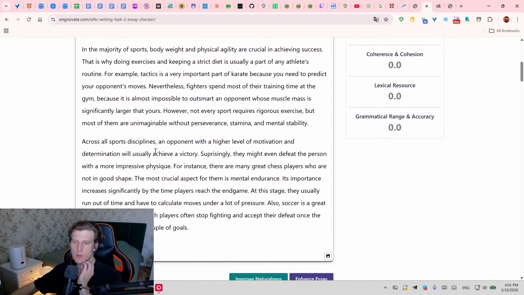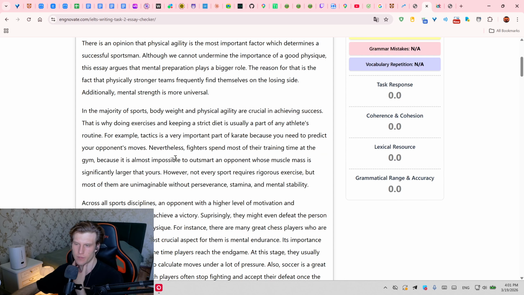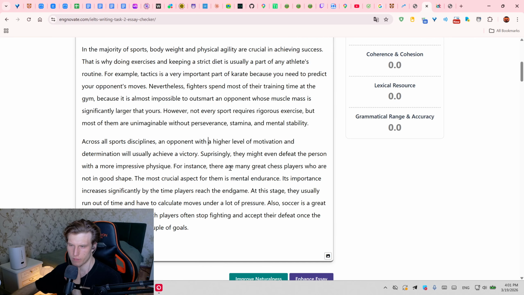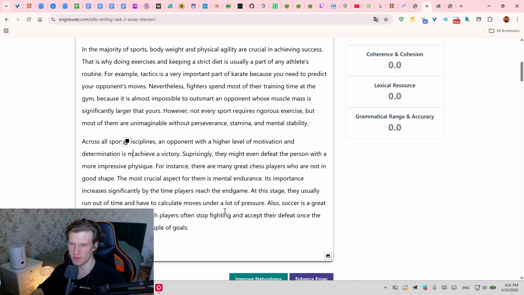Across all sports disciplines, an opponent with a high level of motivation and determination is more likely to achieve a victory. Like, "will usually achieve" sounds not very formal.